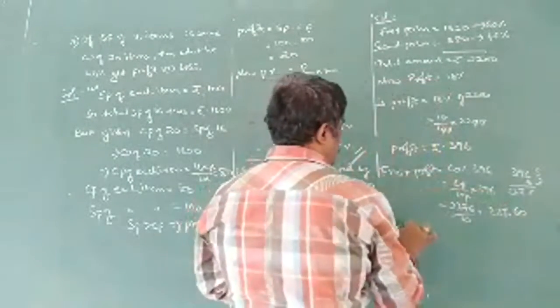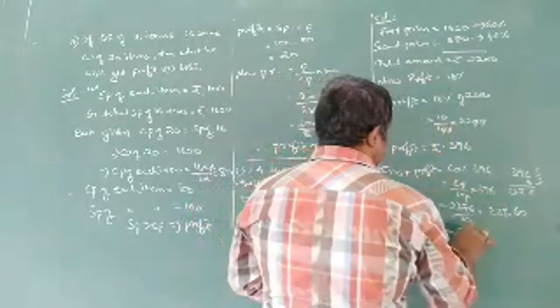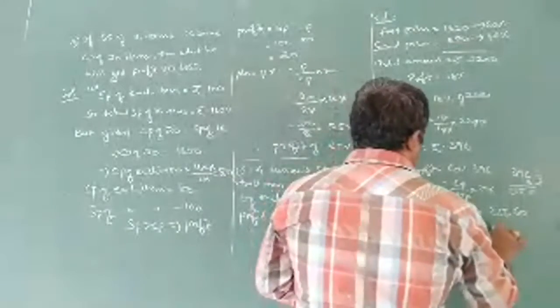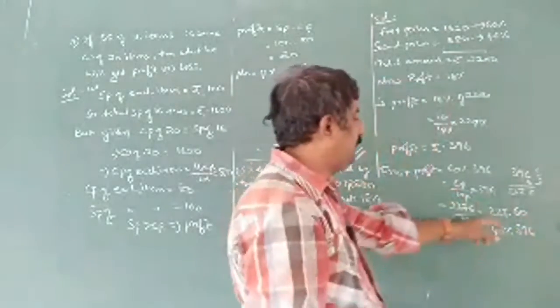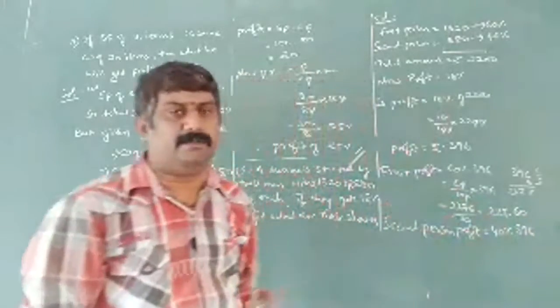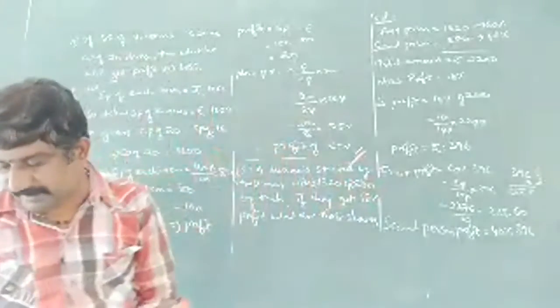Second person's profit is 40% of 396, or else 396 minus this amount. You try to find it. So they will get profit and distribution in shares. Okay, one more problem we'll see here.